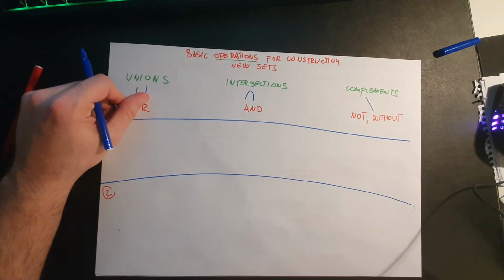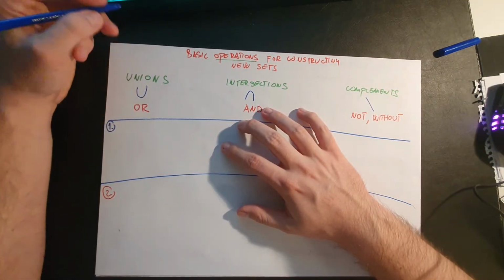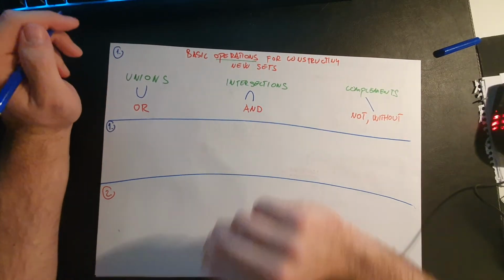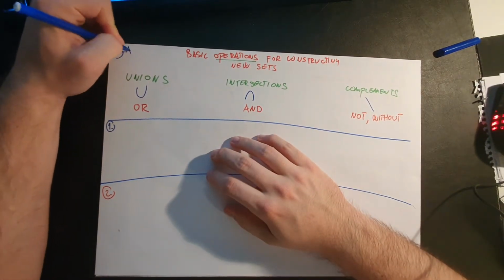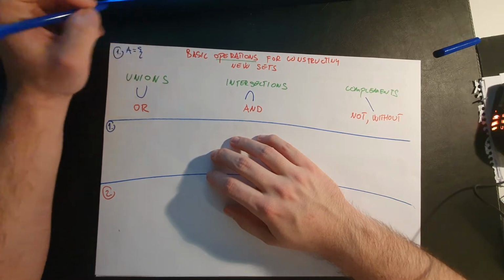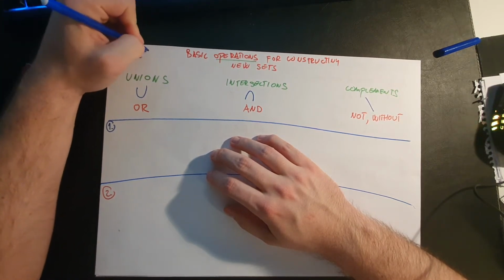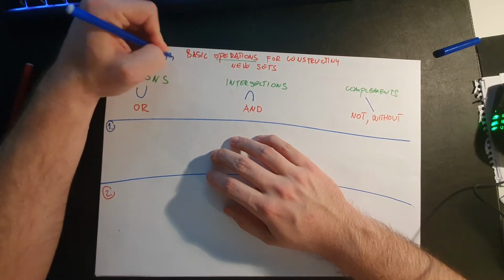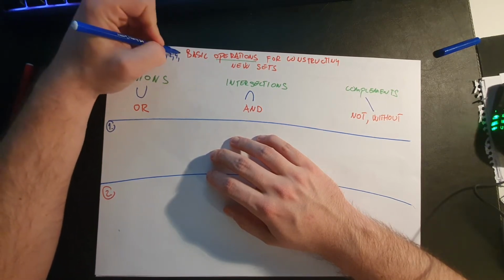So let's say that for the first one, I have to write it here. I apologize, I didn't organize it in advance. So let's say A set is going to be -5, -1, 0, 2, 4, and 7.